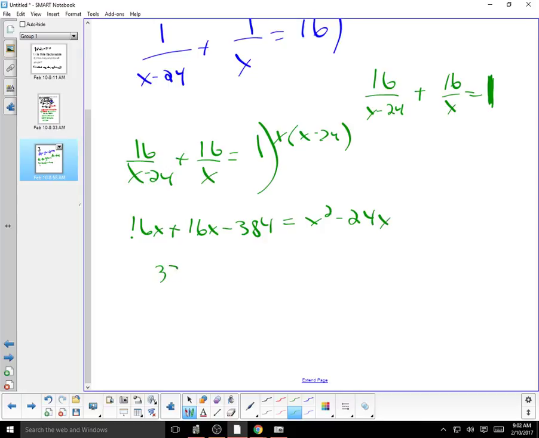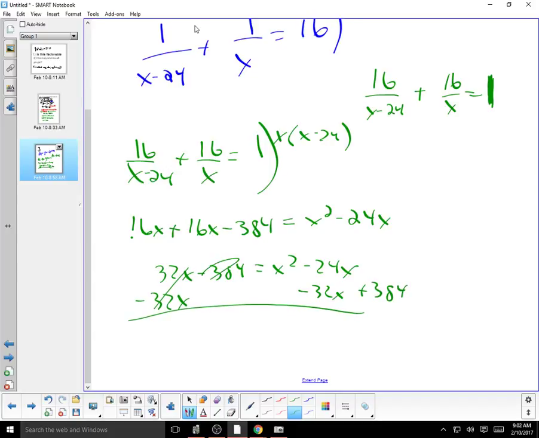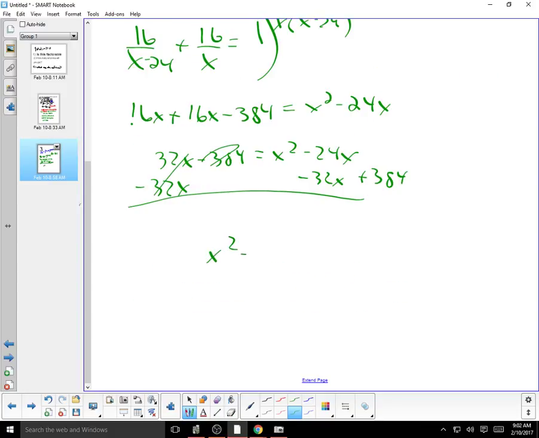So that's 32x minus 384. x squared minus 24x minus 32x plus 384. So x squared minus 56x plus 384 is equal to 0.